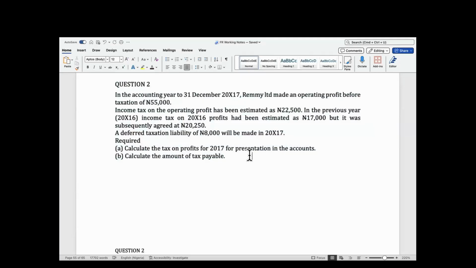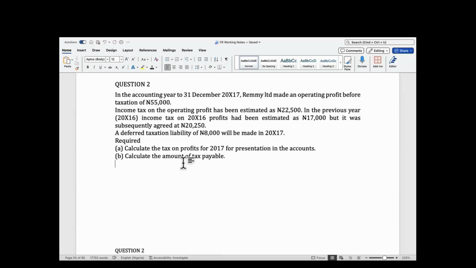In the previous year, 2016, income tax on 2016 profit was estimated as 17,000, but it was subsequently agreed at 20,250 naira. A deferred taxation liability of 8,000 will be made in 2017. Required: A. Calculate the tax on profit for 2017 for presentation in the accounts. B. Calculate the amount of tax payable.